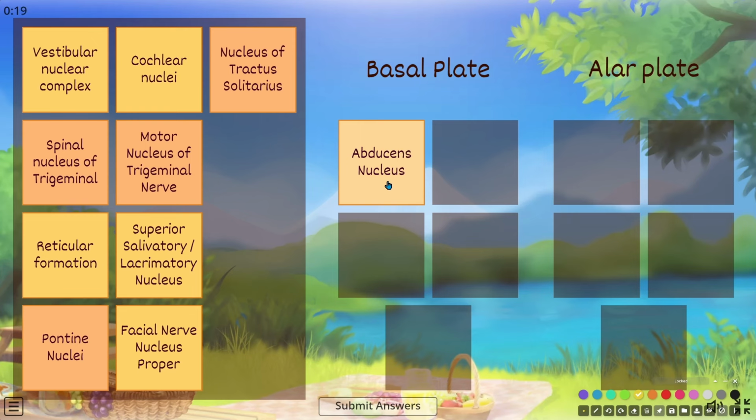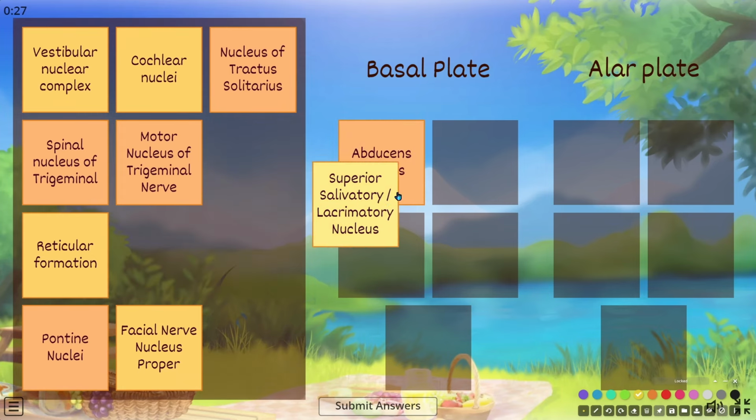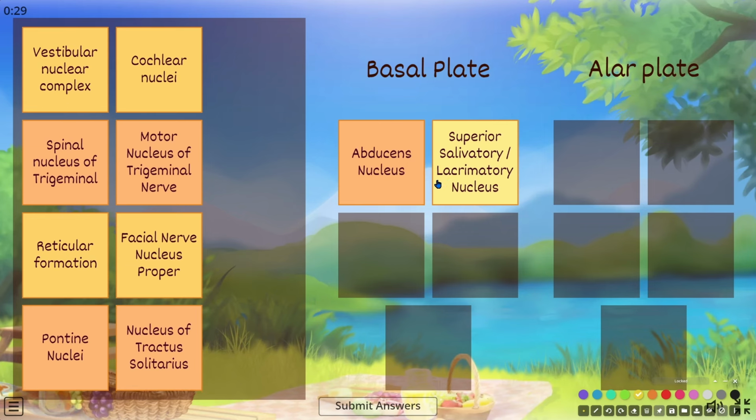Then lateral to it we have the general visceral efferent column, which in pons is formed by the superior salivatory or lacrimatory nucleus. By the way, it's very logical to understand that the inferior salivatory nucleus is also formed by the basal plate. It's very easy to understand.